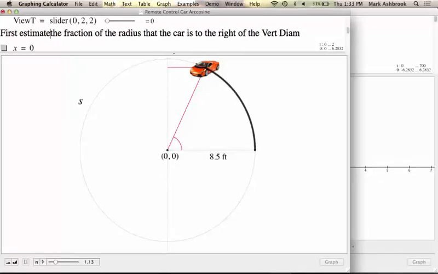No calculator. This is understanding. First, estimate the fraction of the radius that the car is to the right of the vertical diameter. Then express that number exactly in two ways.